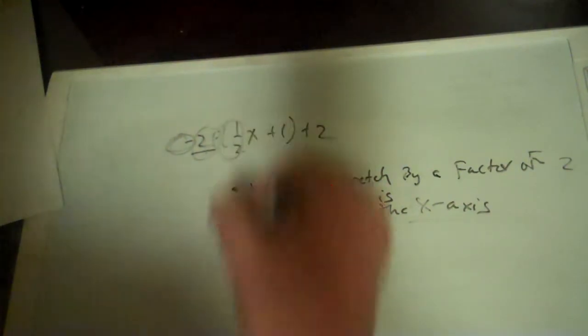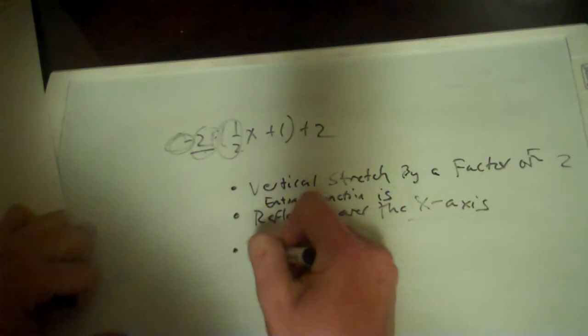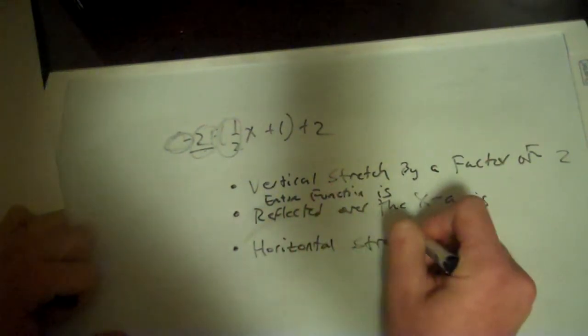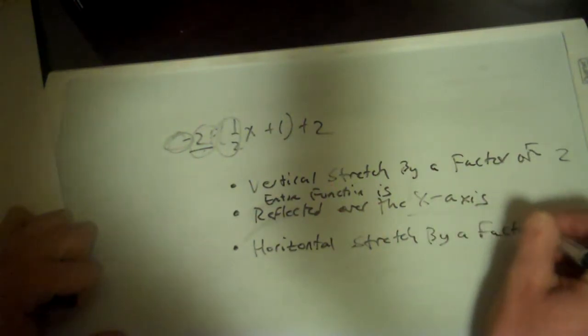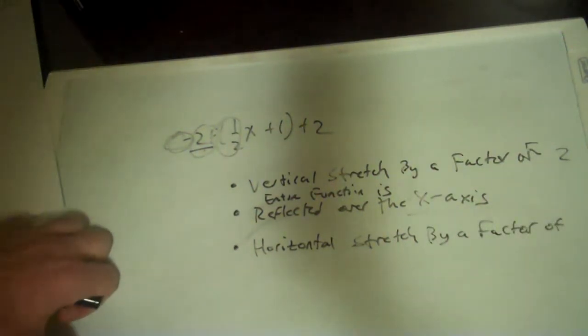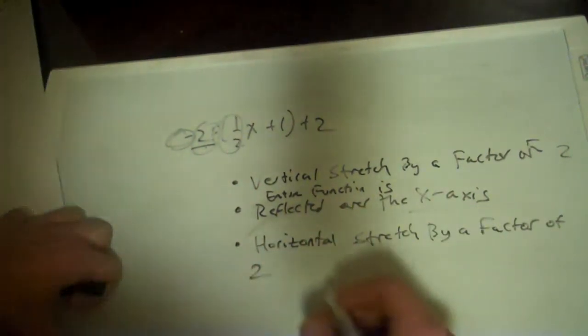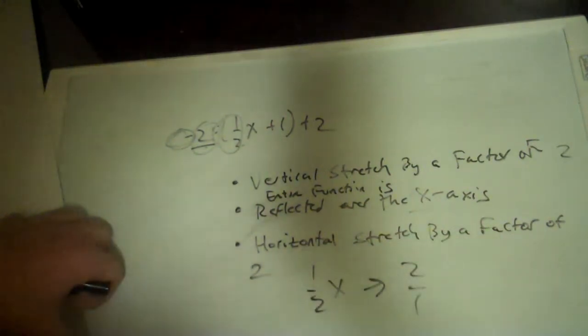Now the next thing is this 1/2. What's up with that? Well, that's another stretch, in the horizontal direction. So we're going to have a horizontal stretch by a factor of not 1/2, but 2. That's because we look at this 1/2 x and take the reciprocal, which is 2.